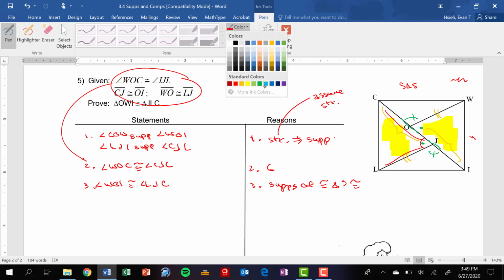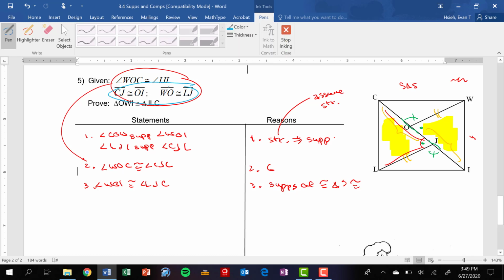And then now I can go ahead and let's use these two in step 4. That'll be given. And that finishes off the pieces that I need to say that OWI is congruent to JLC. Step 5, side, angle, side from steps 3 and 4.